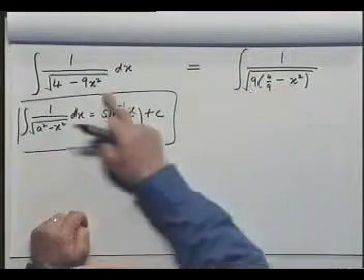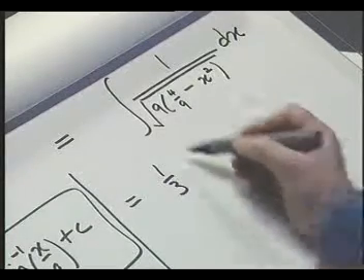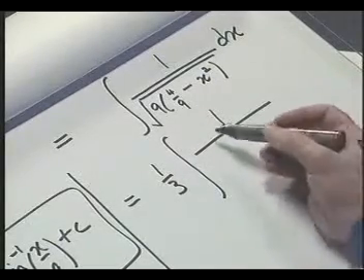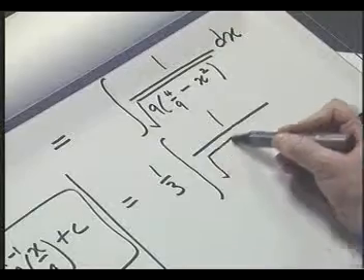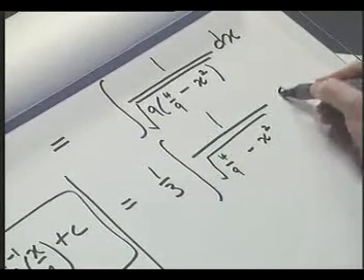Again, the 9 times the 4 ninths leaves the 4, which we had originally, and then we've got the 9x squared, which we have there. The whole point of doing that is that then I'm going to extract the root 9, which is 3, and bring it right outside. And inside, under the integral sign, I'll be left with 1 over the square root of 4 ninths minus x squared dx.